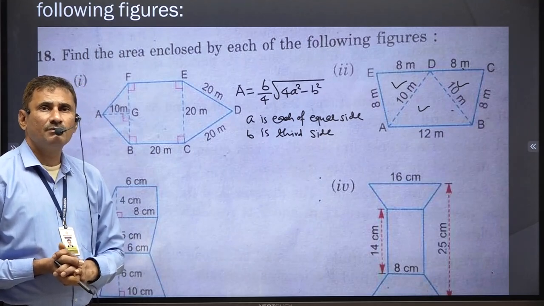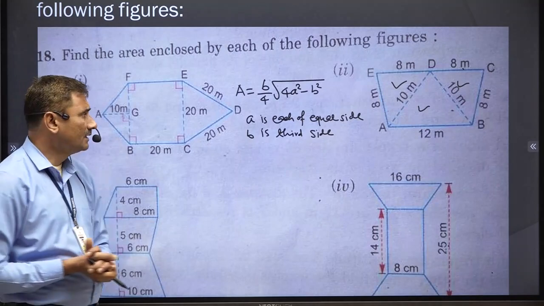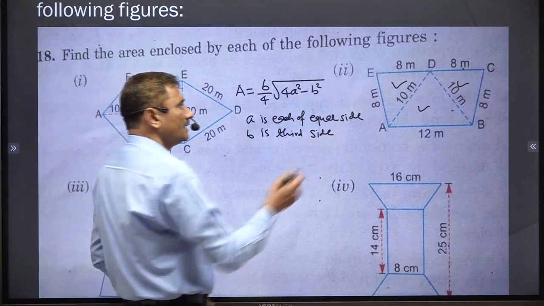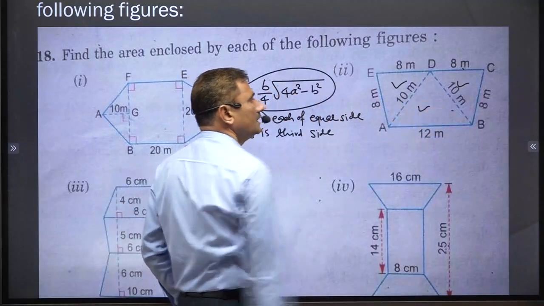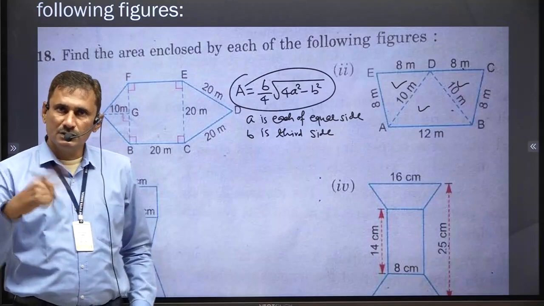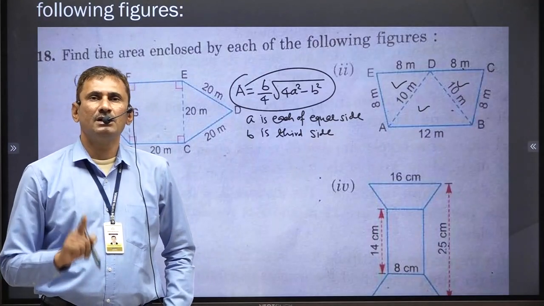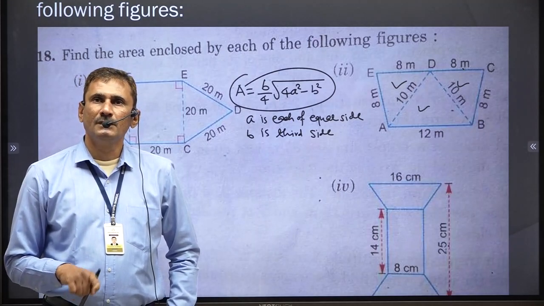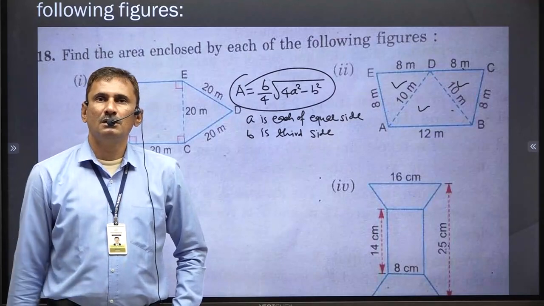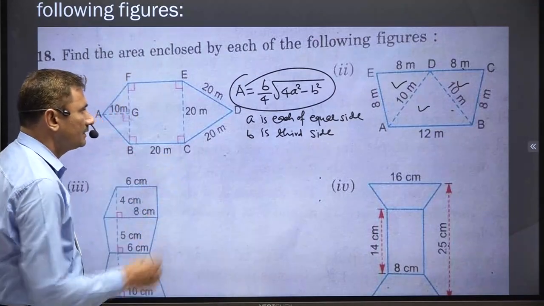You have to find it by the long division method of finding square root. So either using this formula in all three, or Heron's formula in all three, you can find the area of each triangle, and therefore the area of the total figure, meaning the quadrilateral. So it's in your homework.